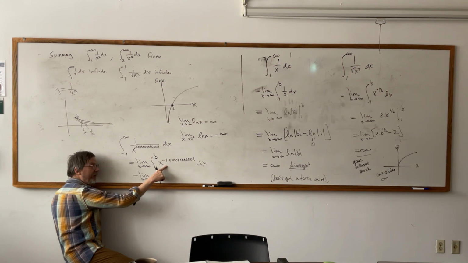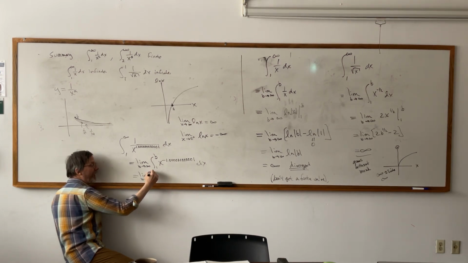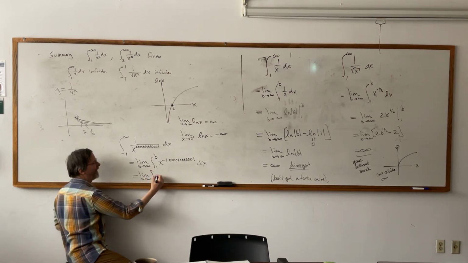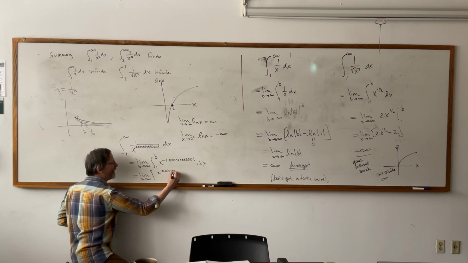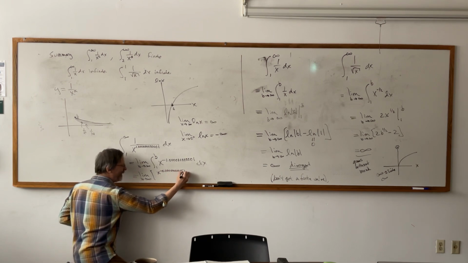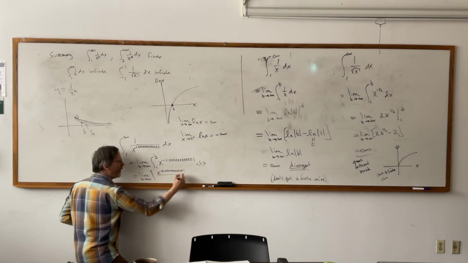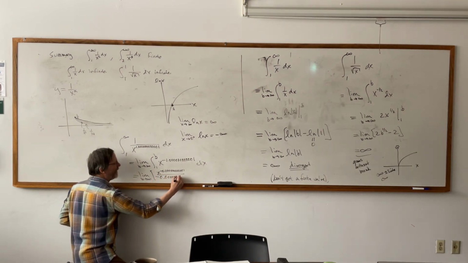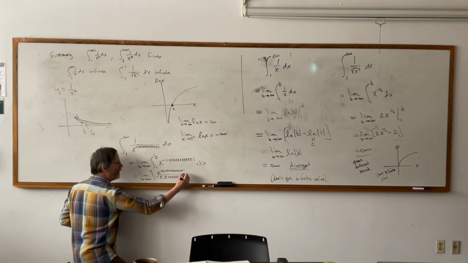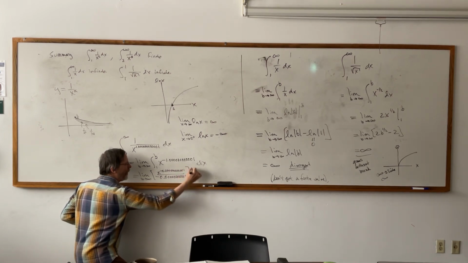Add 1 to the exponent, and what we get is x to the negative 0.00000000001 over the new exponent, negative 0.00000000001. Boom. Going to do that from 1 to b.